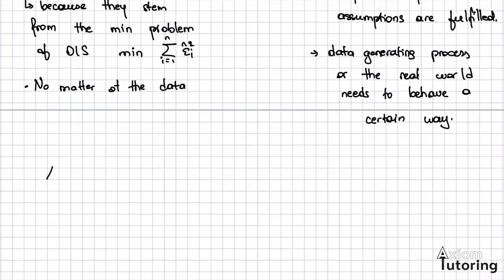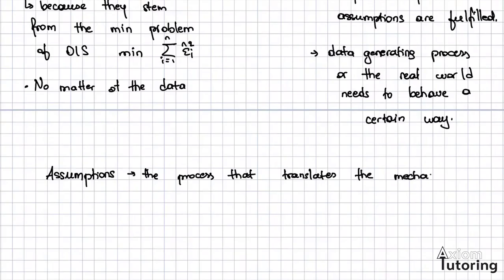You can think of the assumptions, in a way, as the process that translates the mechanics of OLS into meaningful statistical guarantees.